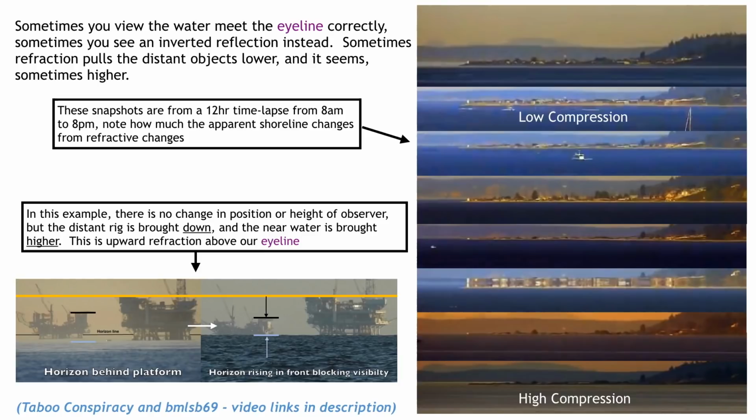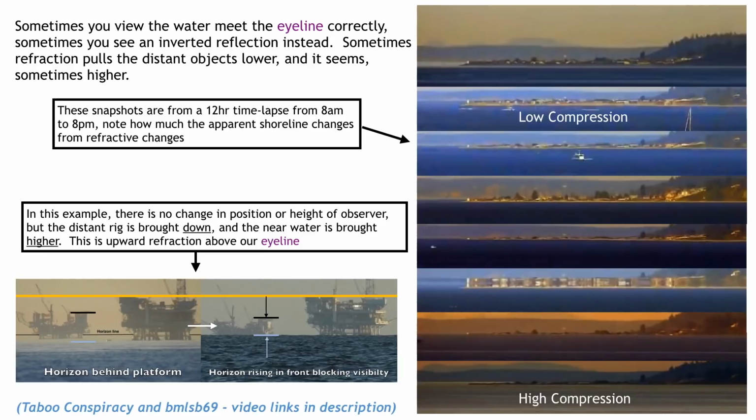And then below we have some oil rigs that were filmed, and you can see again that the distant rig has been brought lower down in comparison to the closer by rig.